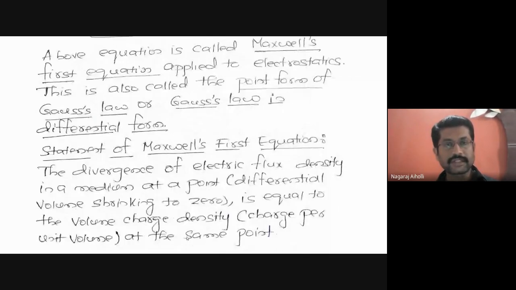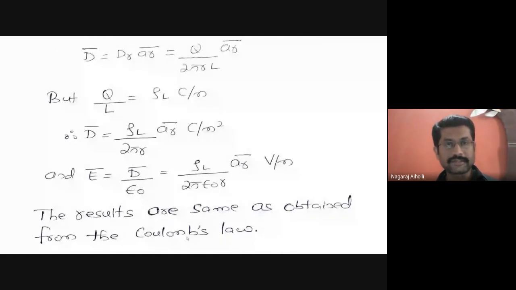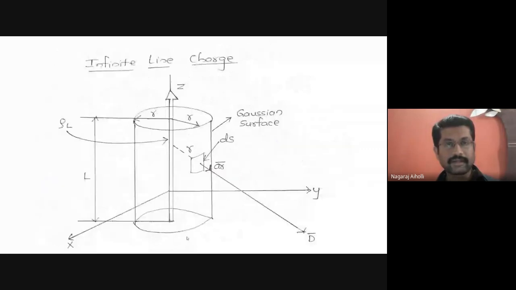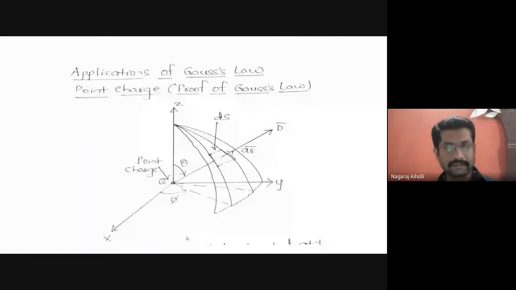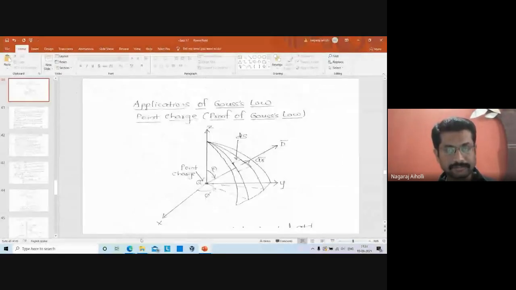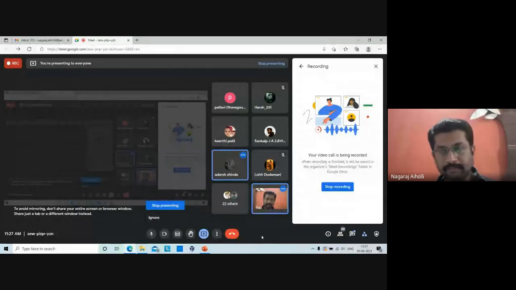Any difficulty here, students? Any difficulty in today's class? Anything not understood? Any point not clear? If you want to ask anything, you can ask. Harsh Gowda, any difficulty? No, sir. Understood, sir. Sankalp? Understood, sir.